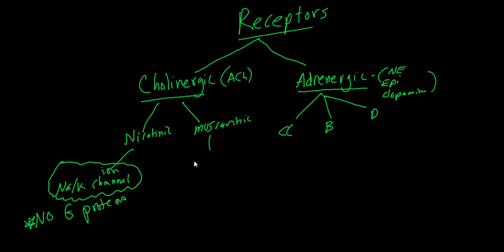However, muscarinics, yes, G proteins. And same with over here. All this stuff over here is going to be, yes, G proteins. Okay, good. So we're talking about G proteins, and we'll cover what that means. Just for now, know that. There are two different types of nicotinics.